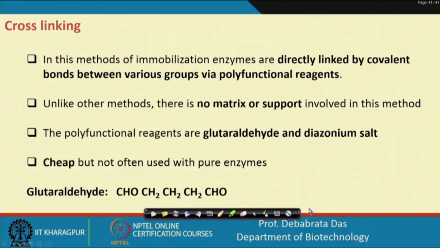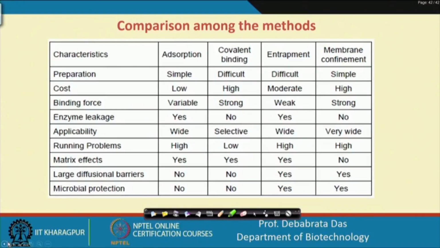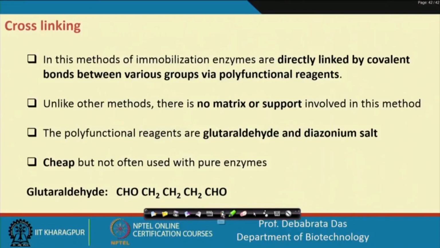Now cross-linking, I was talking about cross-linking. It is like this: this is the enzyme, and this enzyme is bound with another enzyme, which is bound with another enzyme. This is the kind of cross-link. So here we have the cross-linking agent, and the commonly used cross-linking agent is glutaraldehyde.